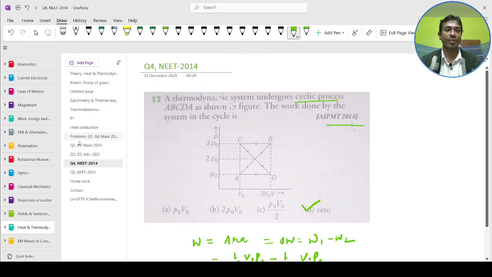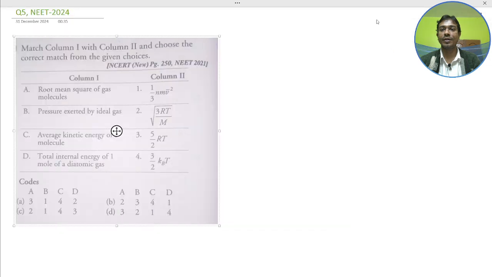Go ahead, our last problem, NEET 2024, recent questions. Match type questions are also coming in the NEET exam, and in JEE Advanced Part 3, matching type and statement type questions. So match column 1 with 2. Column 1: root mean square speed of gas, pressure exerted by ideal gas, average kinetic energy of a molecule, total internal energy of diatomic molecule.